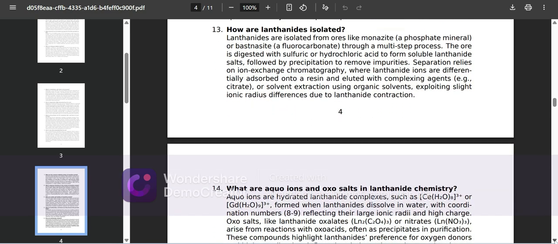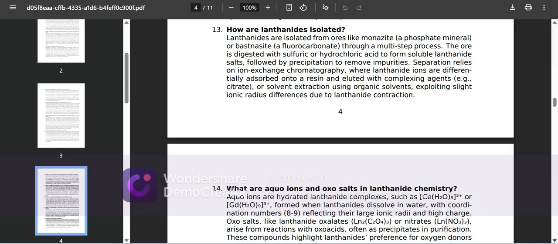How are lanthanides isolated? Lanthanides are isolated from ores like monazite, a phosphate mineral, or bastnasite, a fluorocarbonate, through a multi-step process.